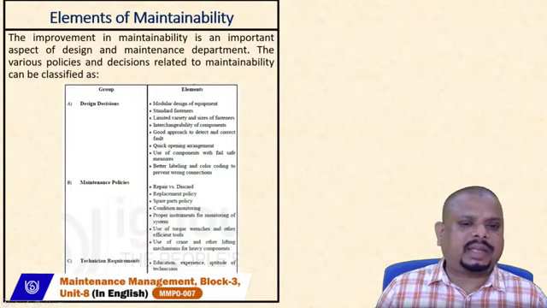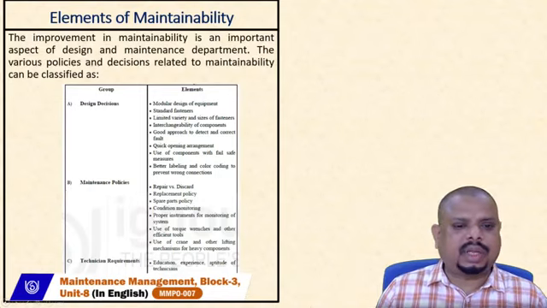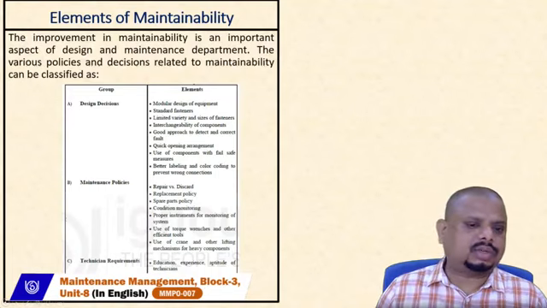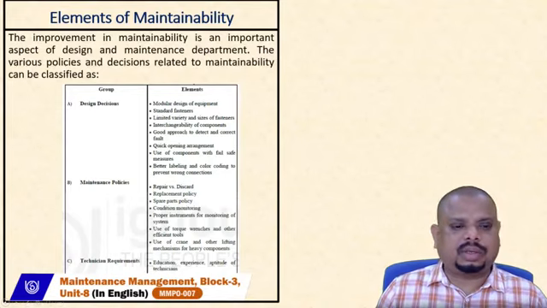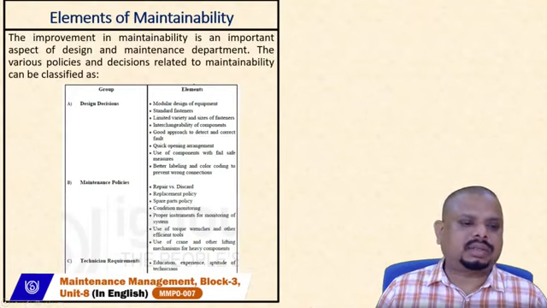A limited variety and size of fasteners should be there. Interchangeability of components from one workstation to another should be there. A good approach to detect and correct the fault. Quick opening arrangements. Use of components with fail-safe measures. Better labeling and color coding to prevent wrong connections. So these are basically included in design decisions.